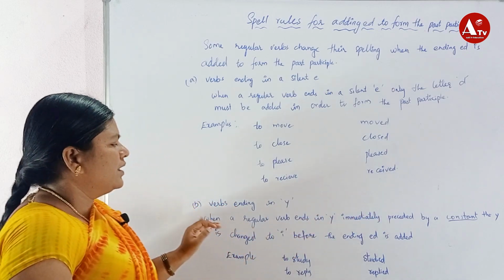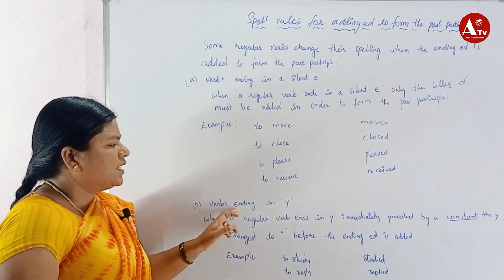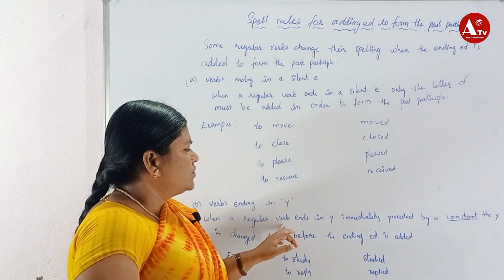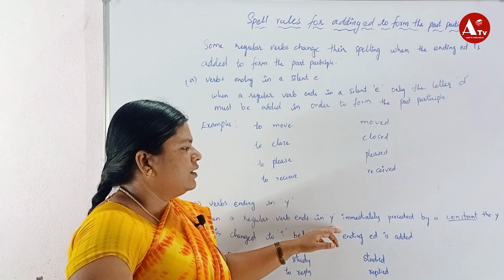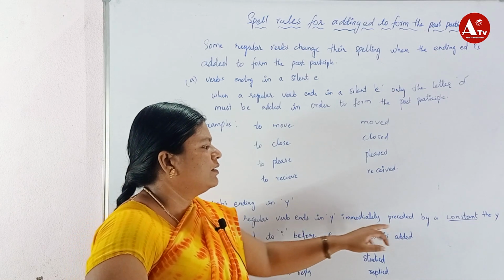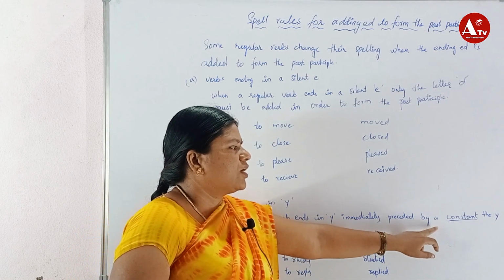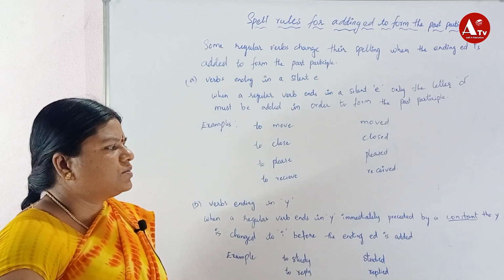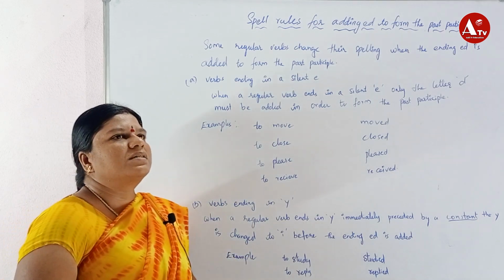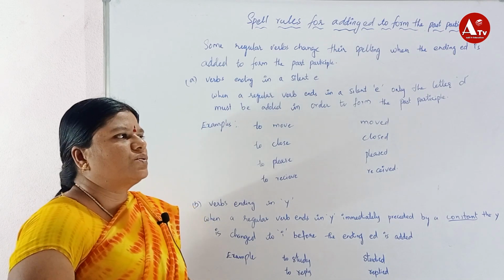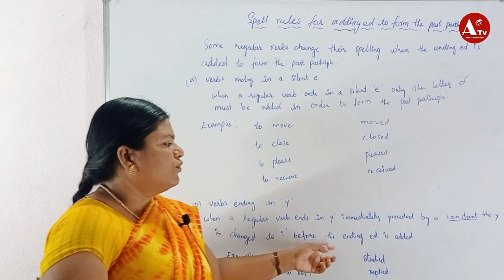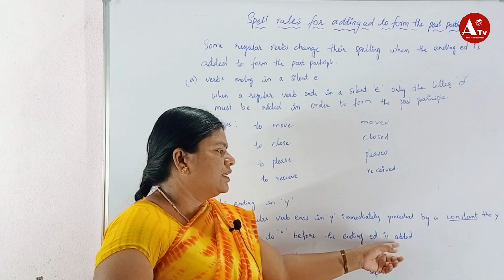Now next, b, verbs ending in y. When a regular verb ends in y immediately preceded by a consonant, the y is changed to i. Whenever the words end with y, it is replaced by i before the ending -ed is added.